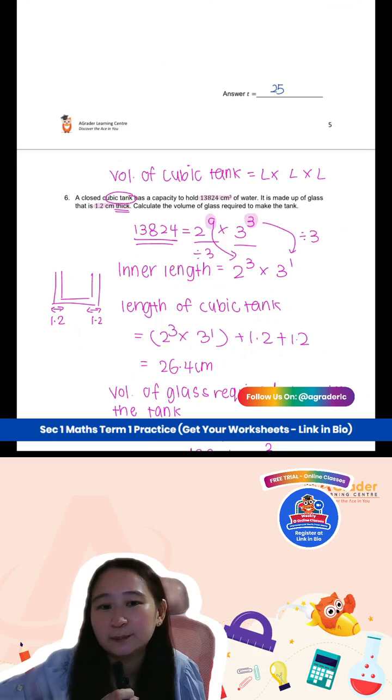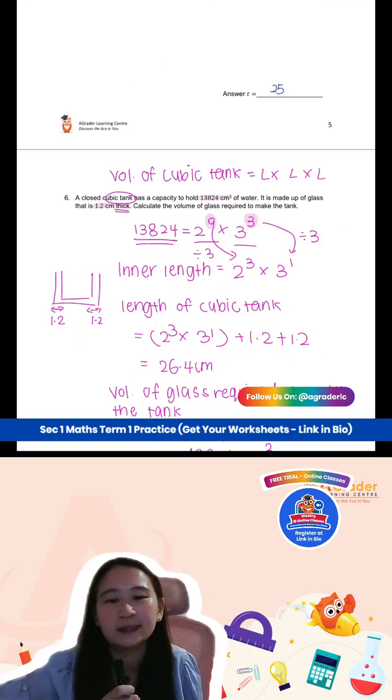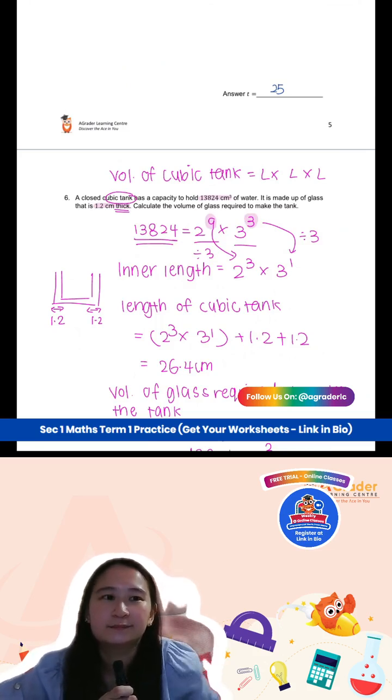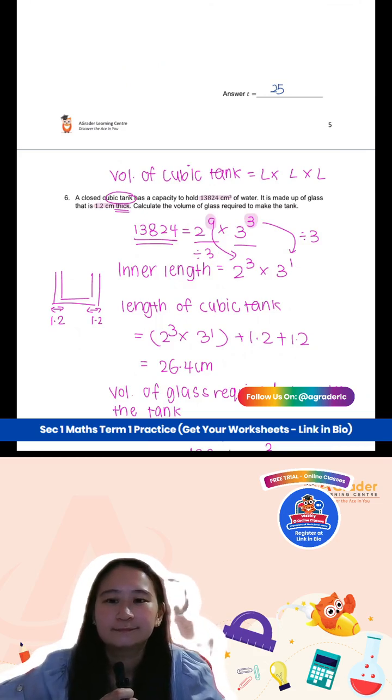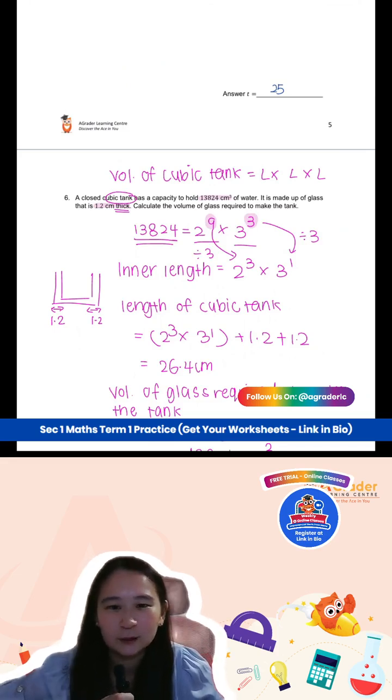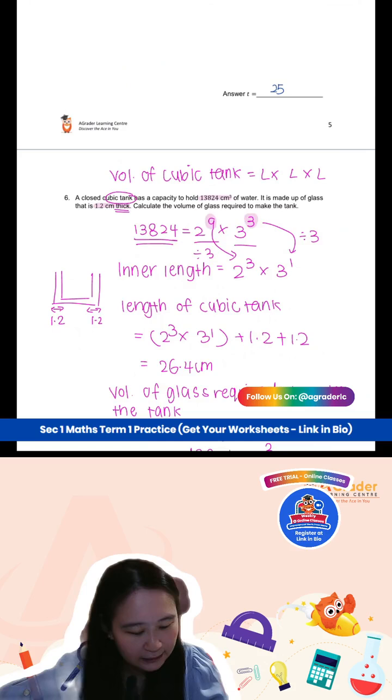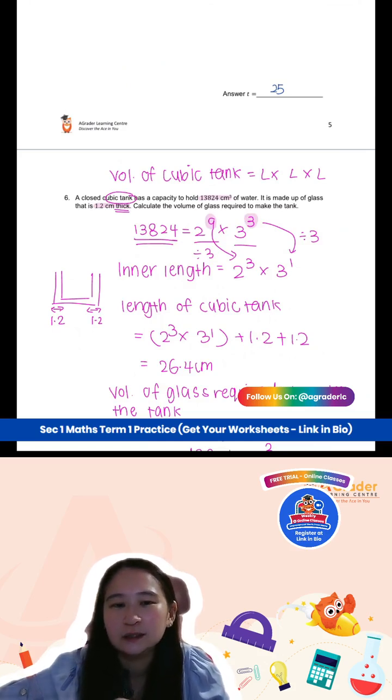All of them are the same. That's why we just use length times length times length. Yep, correct, because we are finding the volume of the glass only. Inside is empty. Or rather, it's water, it's not the glass.